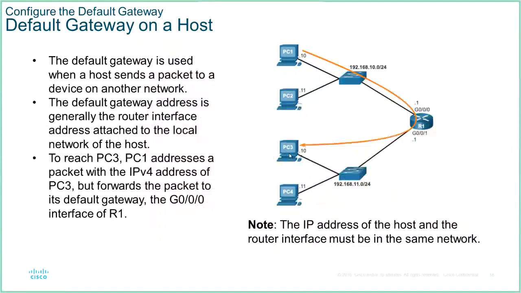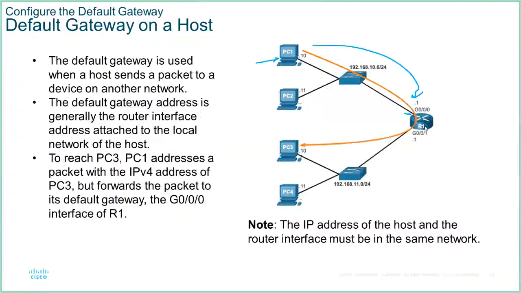Alright, so for PC1 to communicate to PC3, it needs to have the default gateway set, so it knows to forward any routes not destined for the 168.10 network to the router's interface, which is the exit from the network.